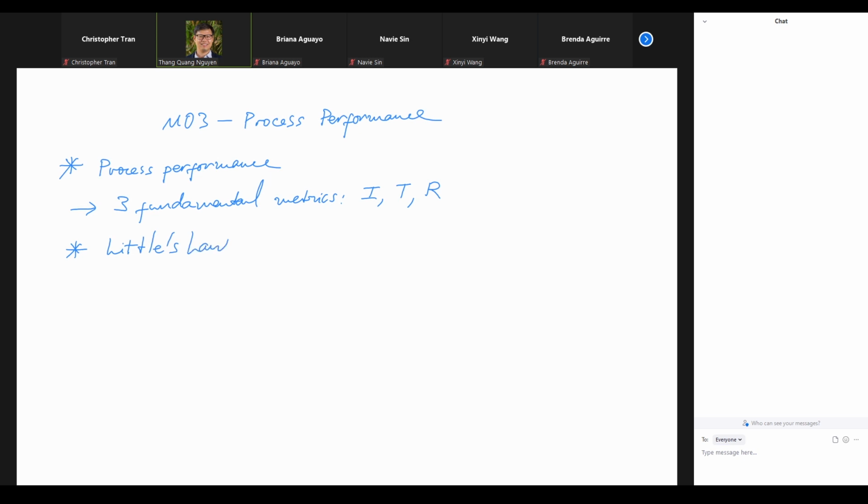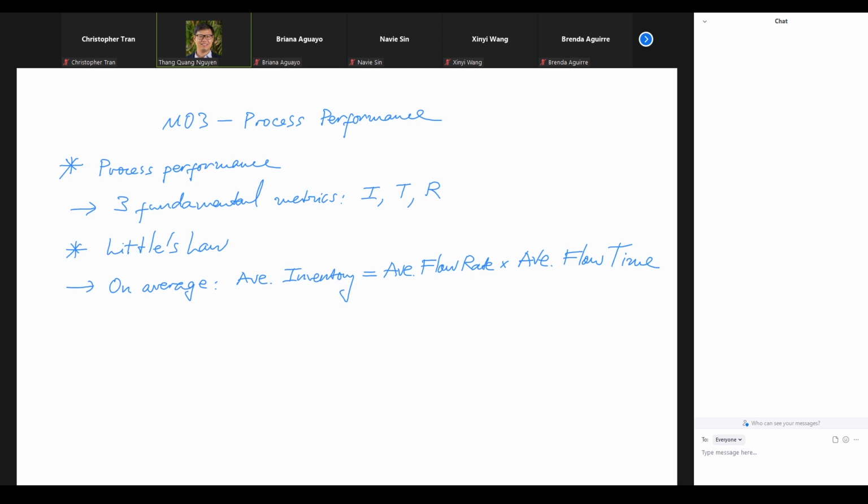Right? So in this case, on average, the average inventory equals the average flow rate times the average flow time. Right, so that's the equation.